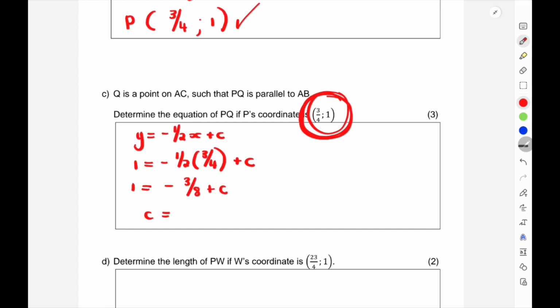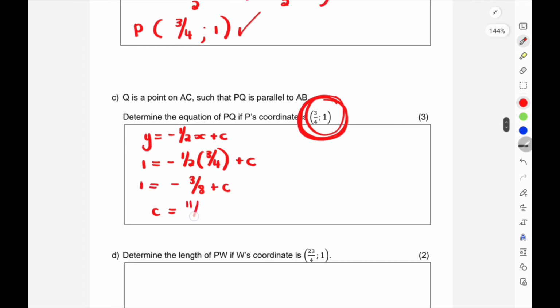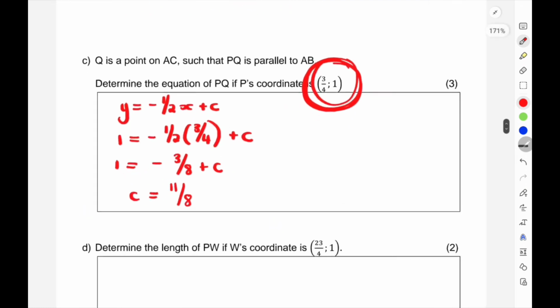So c is equal to 1 plus 3/8, which gives you 11/8. Okay, so the equation there is y is equal to -1/2 x plus 11/8.